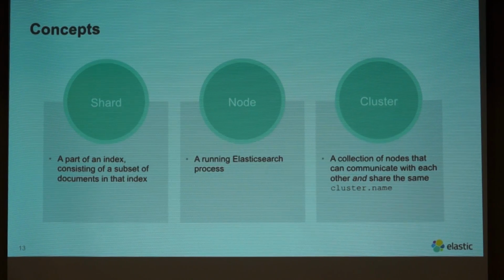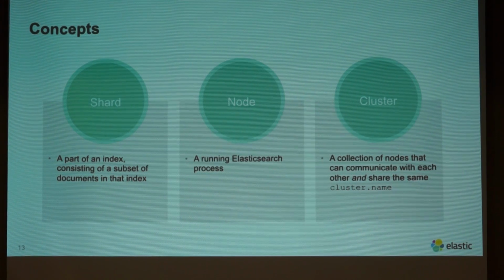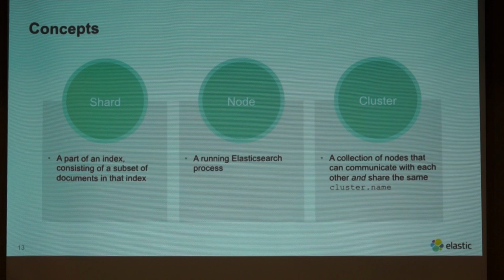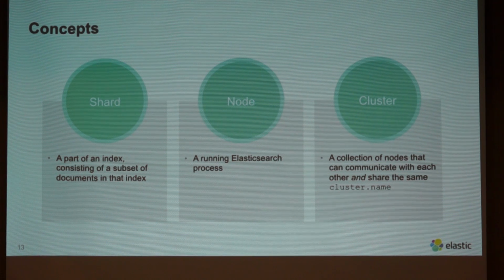So we talked about indices as collections of documents. Well, an index is actually split up into multiple buckets called shards. And so when you index a document into Elasticsearch, unfortunately the word index is overloaded, it's going to store it in the index you tell it to store it in, but it's going to further store it in just one shard in that index.